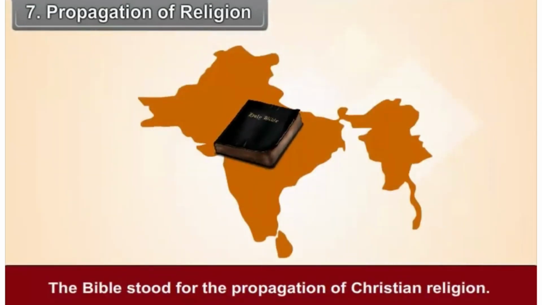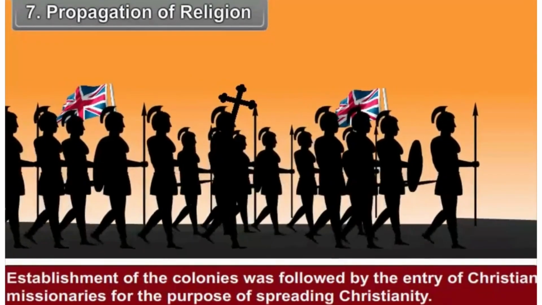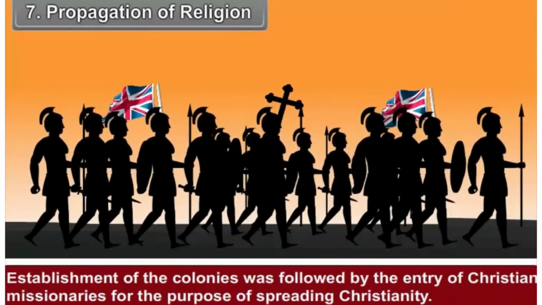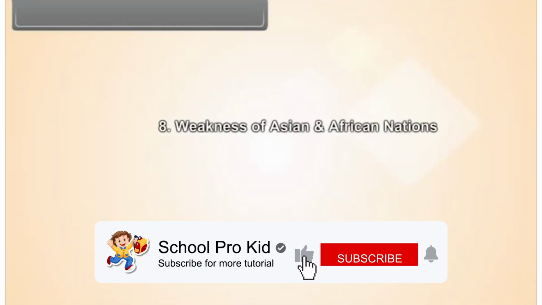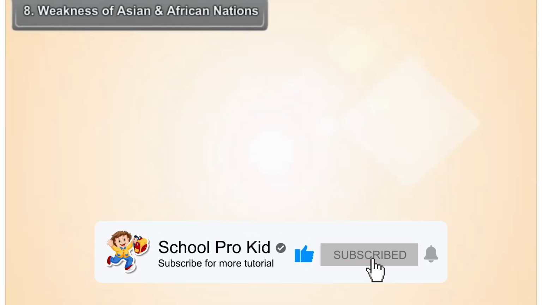The Bible stood for the propagation of the Christian religion. Establishment of the colonies was followed by the entry of Christian missionaries for the purpose of spreading Christianity. Several missions were established with a sole religious purpose. This intensified imperialism.